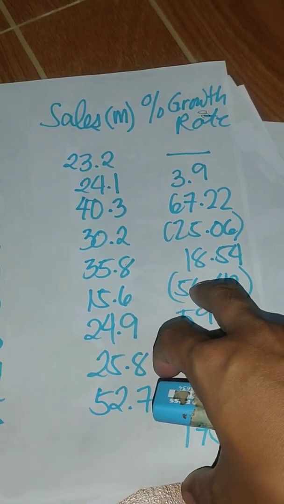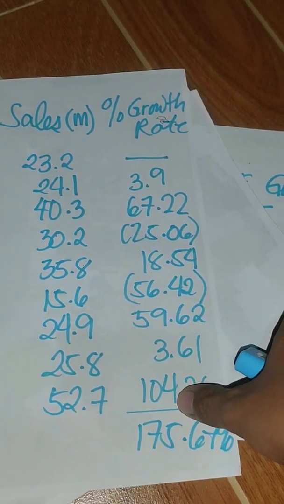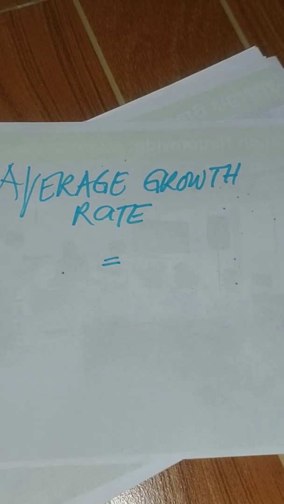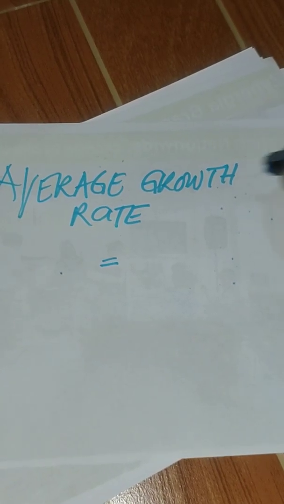So once nga nakita ninyo ang total nga percentage growth rate, we will now solve for the average growth rate. So how do we find the average growth rate? So we need to put how much is the total growth rate.